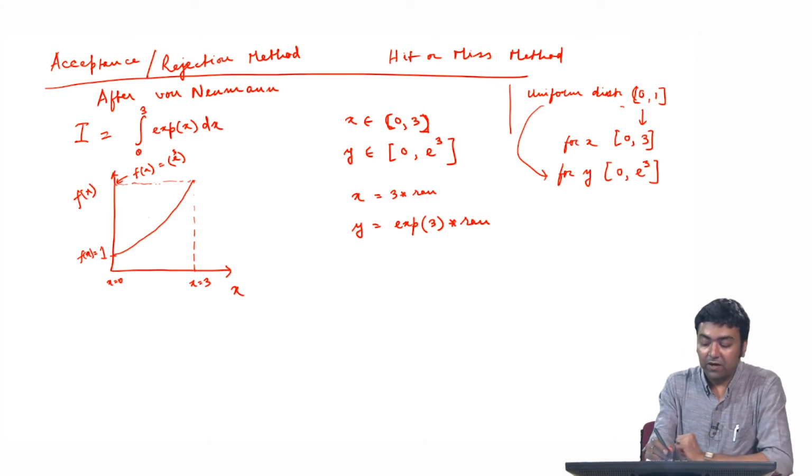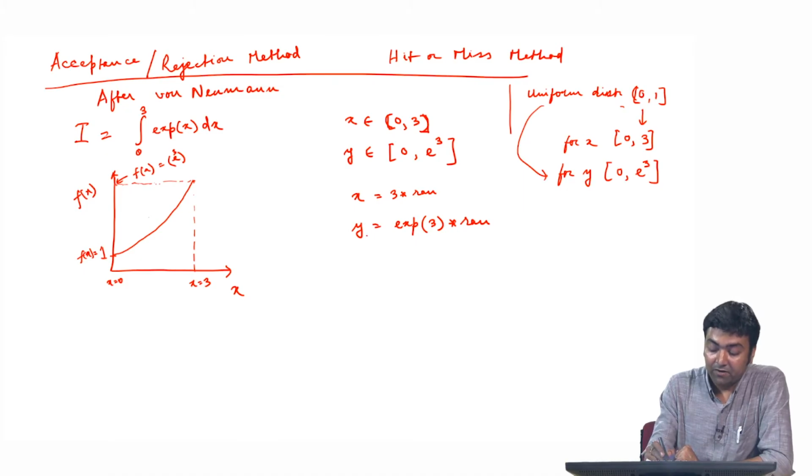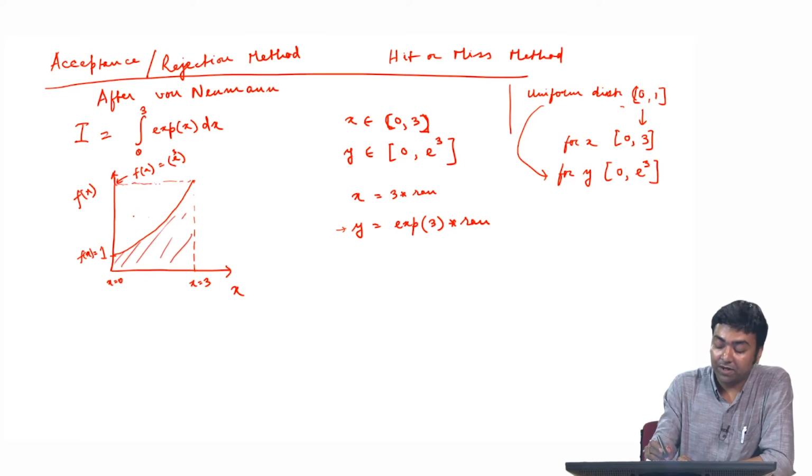Then I check whether this random number y, the second random number which I have generated, lies inside this shaded area or whether it is outside. How do I check this? I use the if statement.